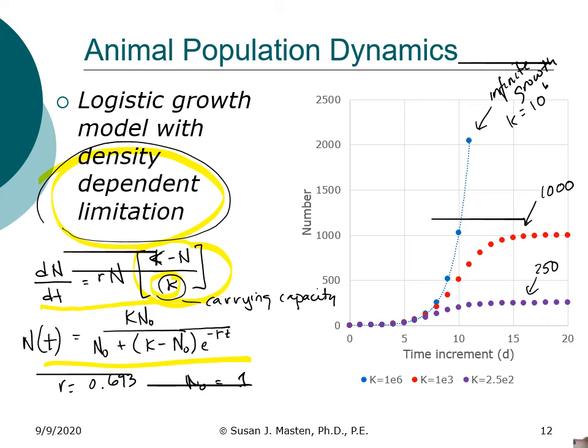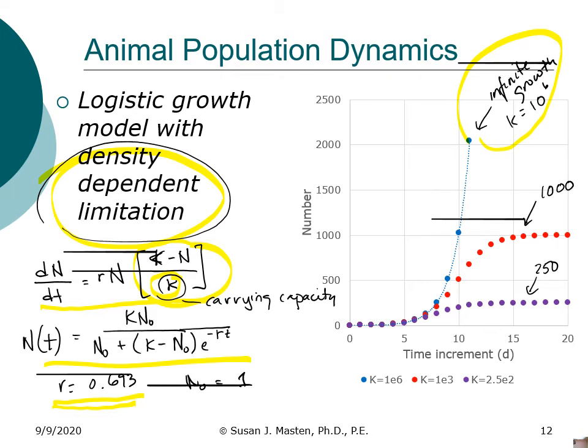I've developed a set of plots for r equal to 0.693. So in this case, I had a doubling time of 2 days. And we can see here, this is essentially, if we had infinite growth, I've actually set the carrying capacity to be 1 million. So for this situation, essentially that's infinite growth.